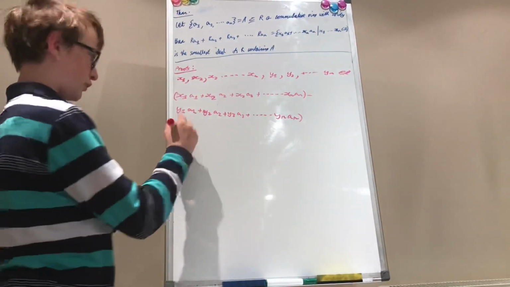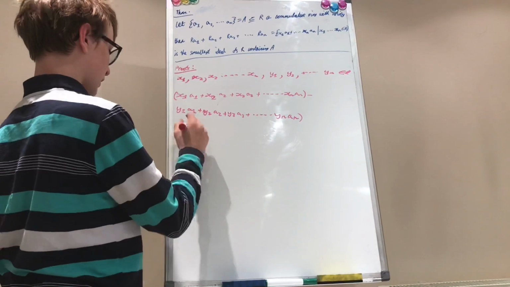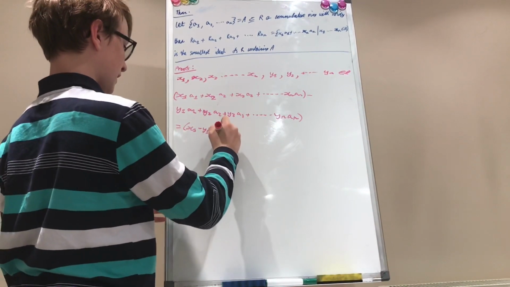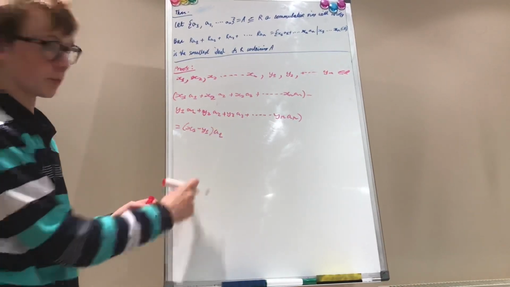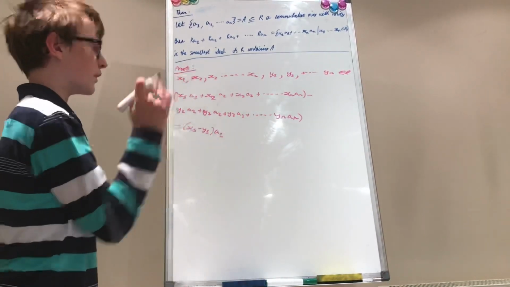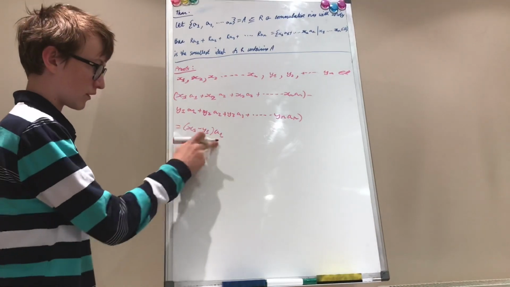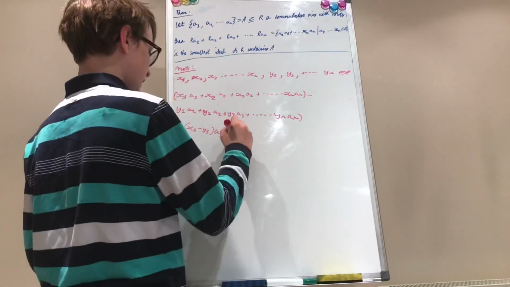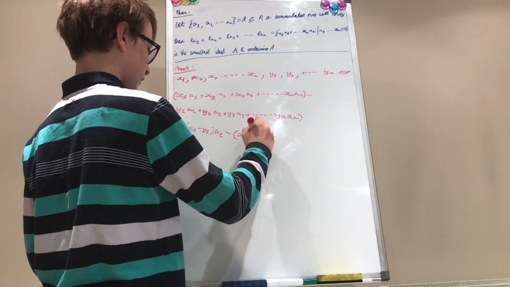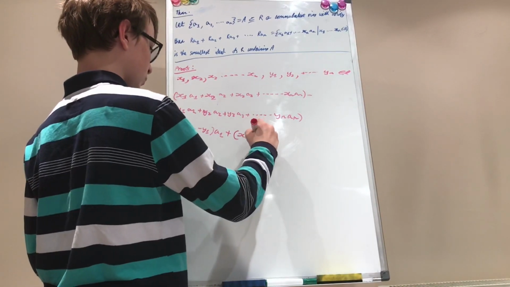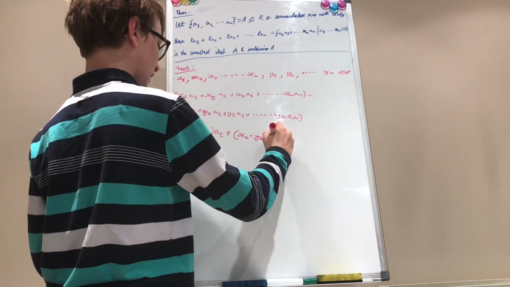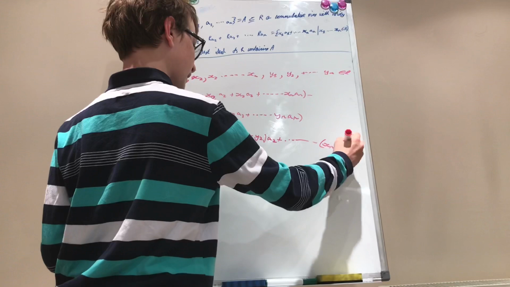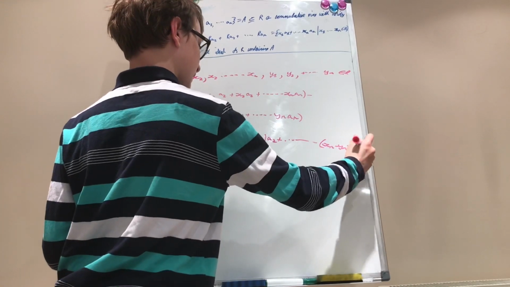And this is equal to, well, we have x1 minus y1 times a1 because of the distributive property of multiplication in a ring, because we have this times that and then that times that, we'll get what we originally had, plus x2 minus y2 times a2 plus all the way up until xn minus yn times an.